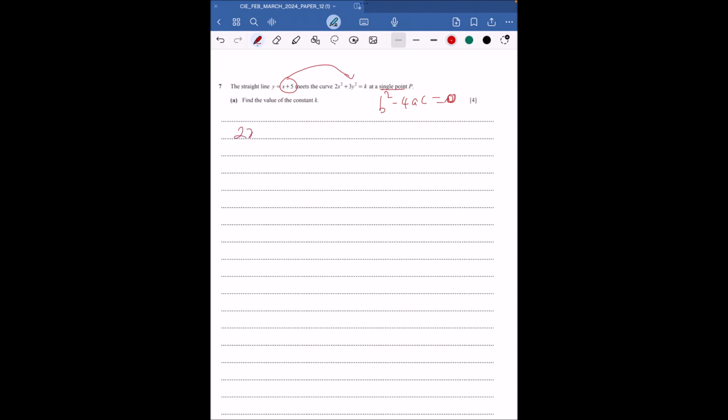So that will be 2x squared plus 3x plus 5 squared equals to k. So if I expand this, so 2x squared plus 3 bracket x squared plus 10x plus 25 equals to k.